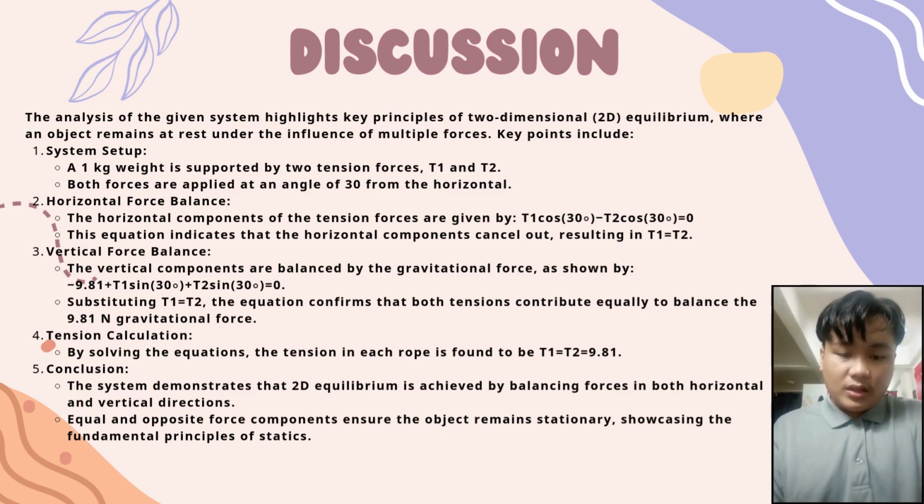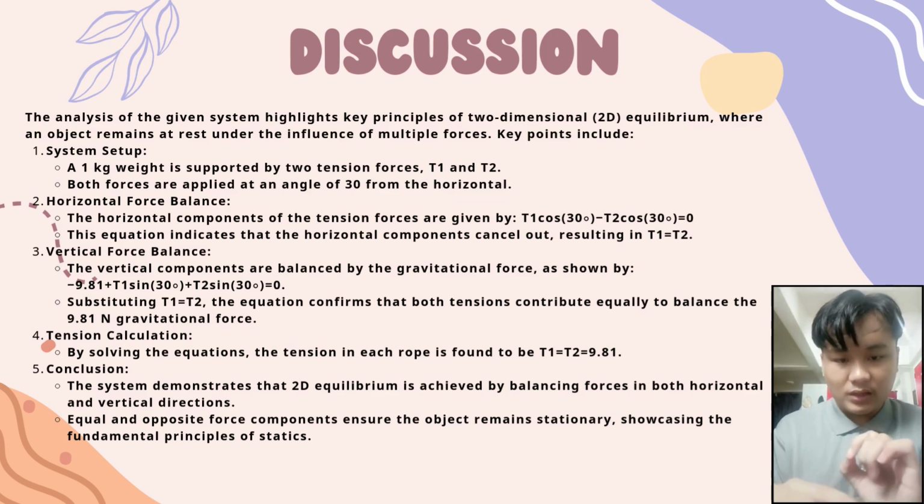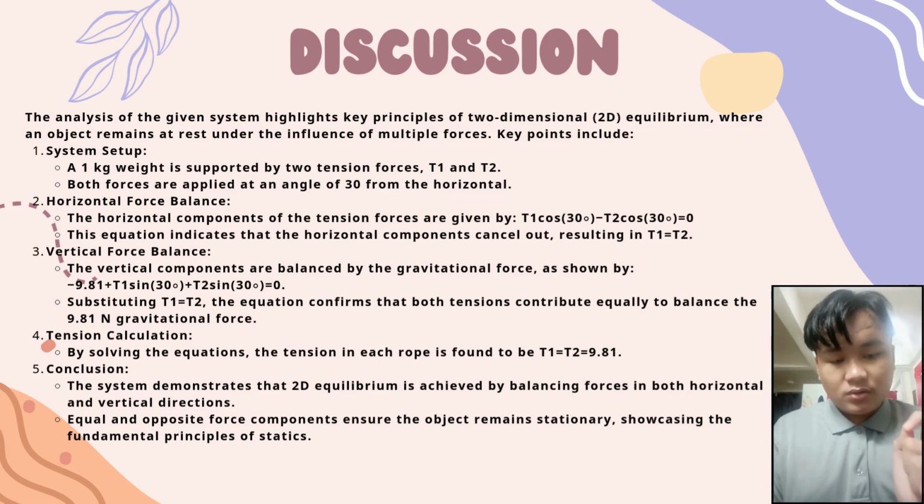After calculating it, we get 0.5 T2 plus 0.5 T1 equal to 9.81 Newton, and then we solve for T1 from the sum of Fy. So the last calculation is T1 equal to 9.81 Newton.